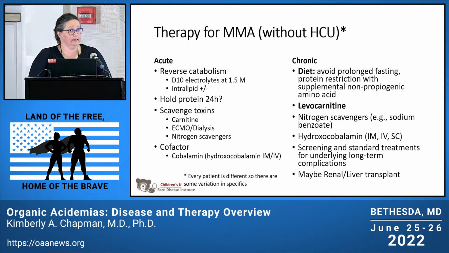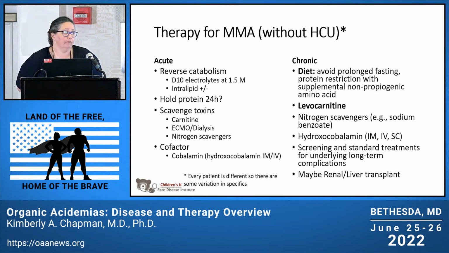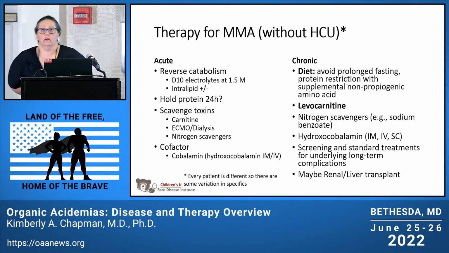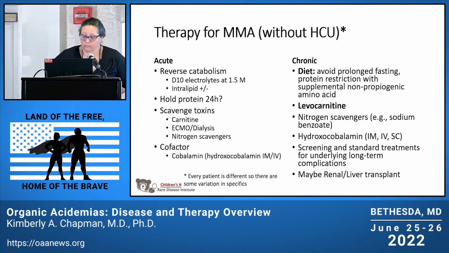Some folks always ask me, well, what about renal transplant alone? What about liver transplant alone? And that's a whole other discussion that we can have separately. Because renal failure is so common, typically you'll want to do liver plus kidney because most people will have some level of kidney disease before the transplant.